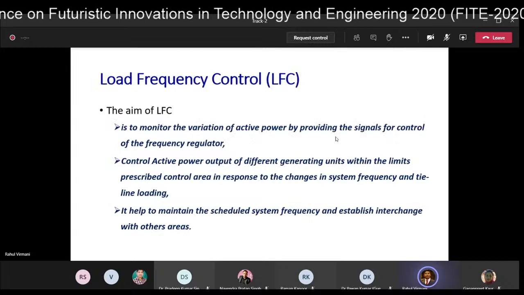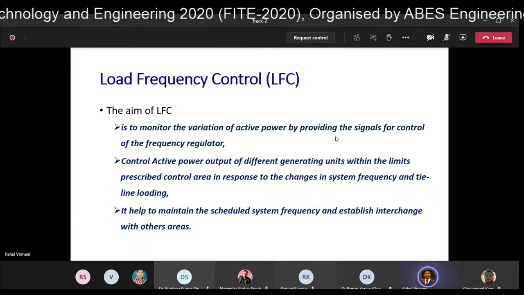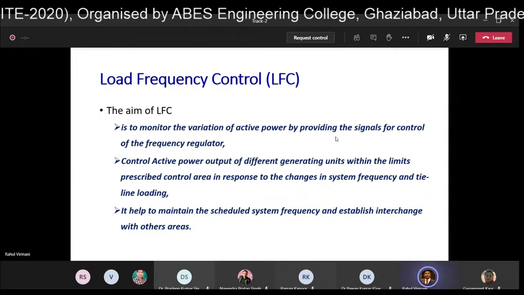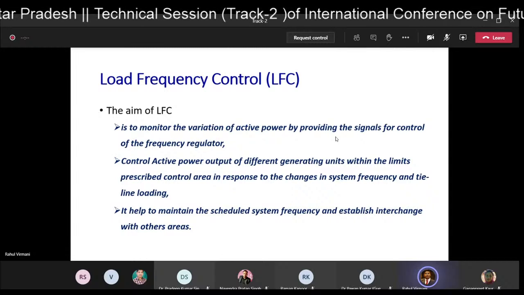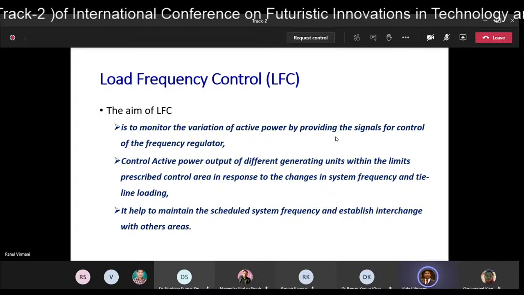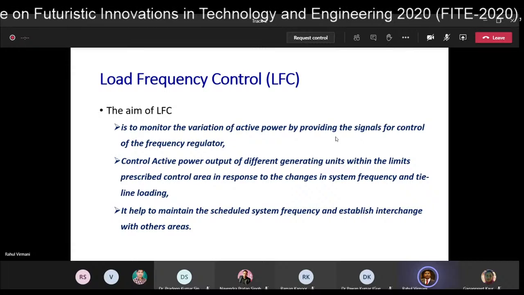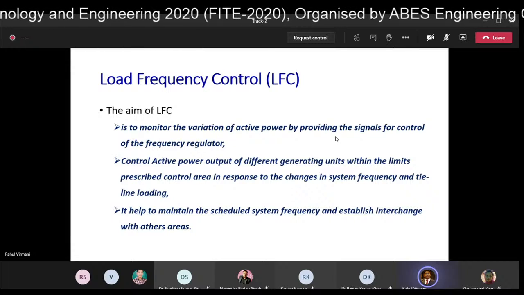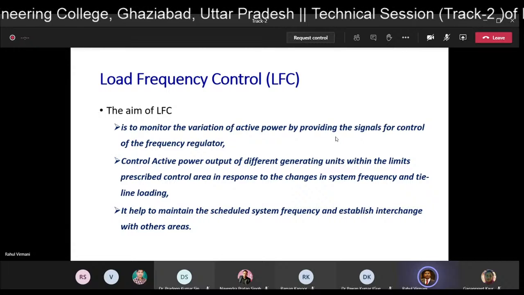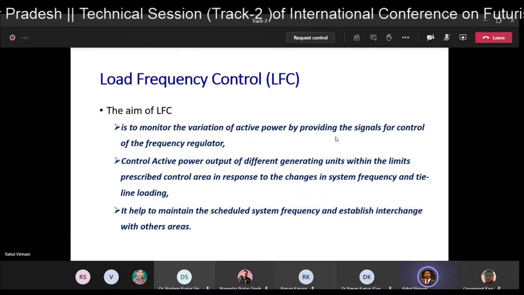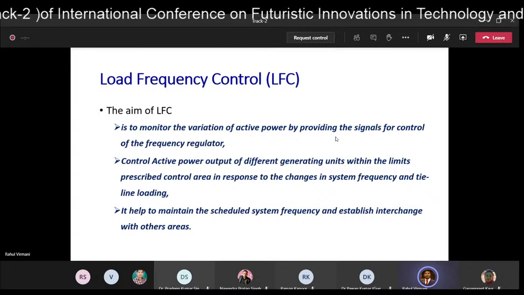Now, what is load frequency control? As we all know, in the power system, the frequency of the output should always remain constant, and it should act as a constant power source and a constant voltage source for us. The aim of LFC is mentioned in three parts. It is to monitor the variation of active power by providing the signals for control of the frequency regulator.